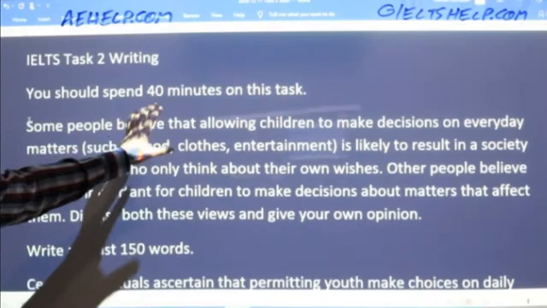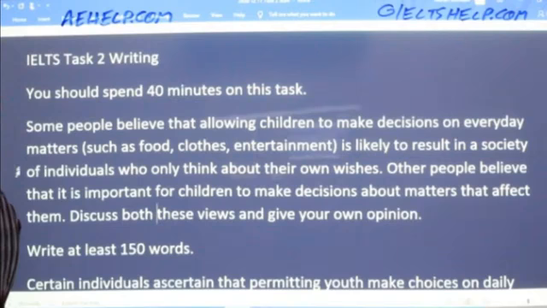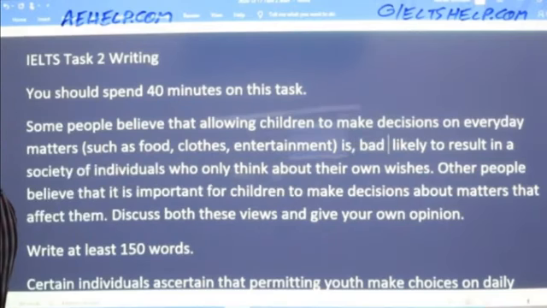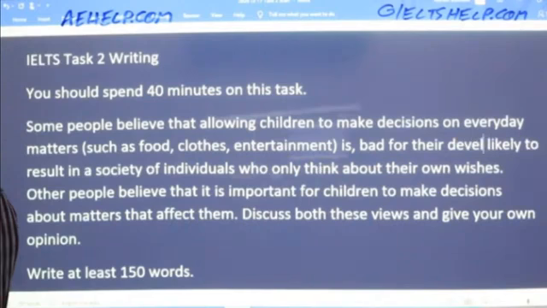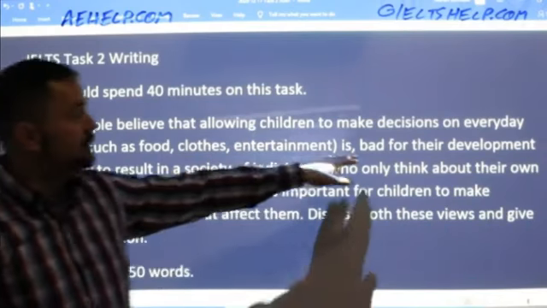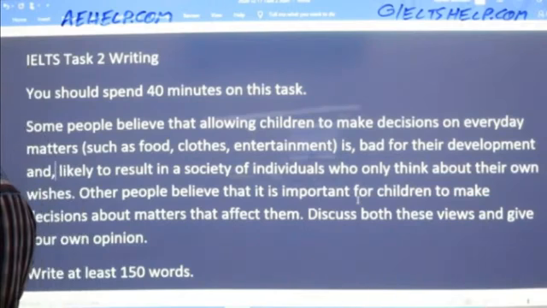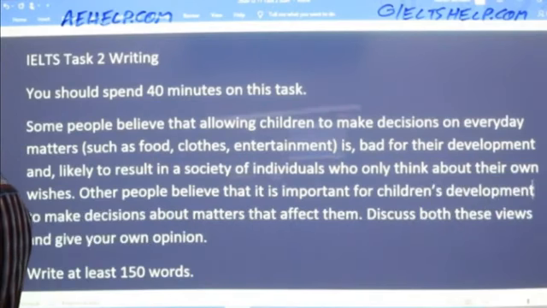However, if we wanted to make this easier for people in the IELTS, we could say some people believe that allowing children to make decisions on everyday matters is likely to be bad for their development, and other people believe that it is important for children's development too.